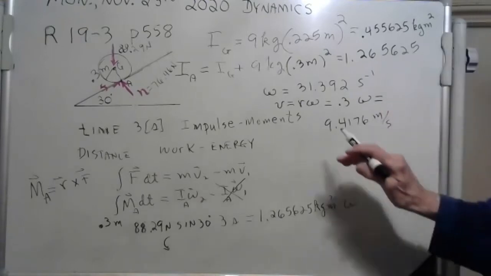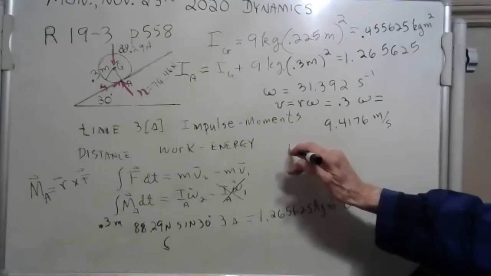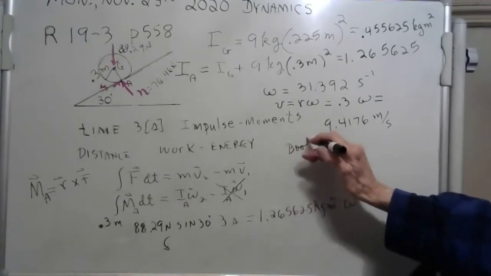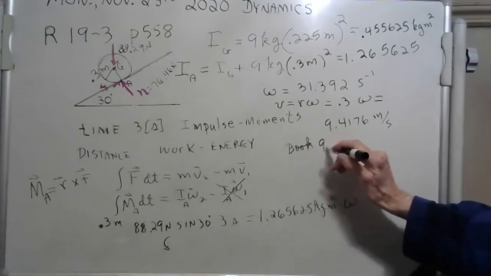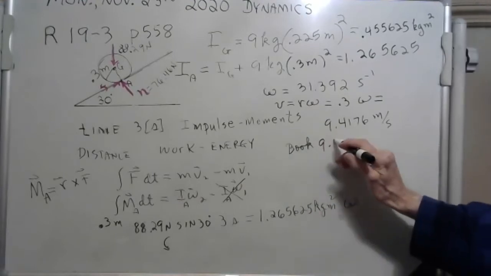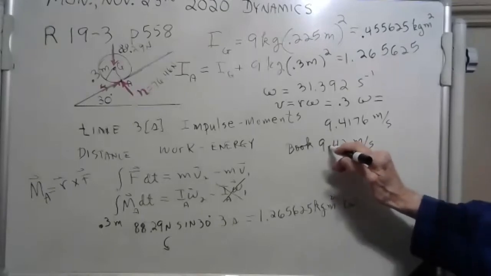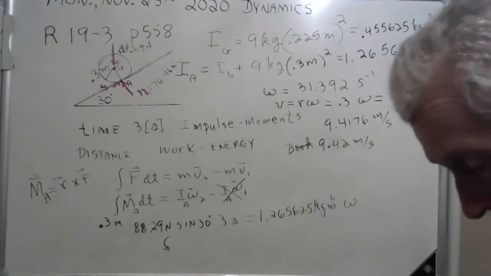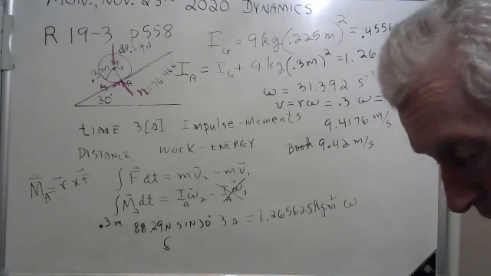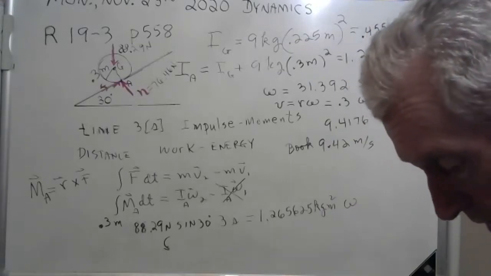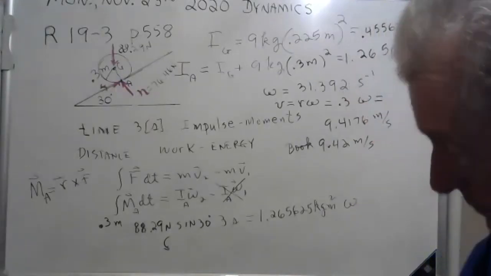No, that's what they got. The book got 9.42 meters a second. Yay, we did great. They just rounded off. They did it right, and we did it right.